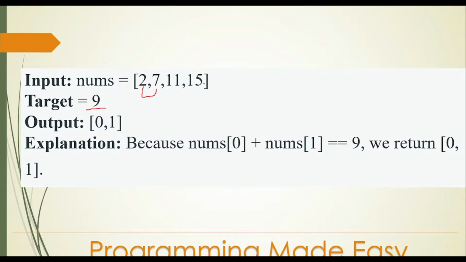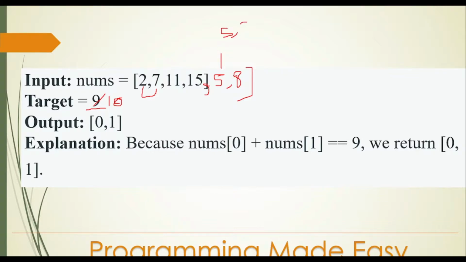Like if we say instead of 9 there was 10, and here we could have other numbers as well, like 5 and 8. Okay, so we could not return 5 and 5.